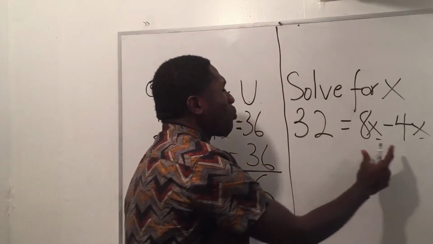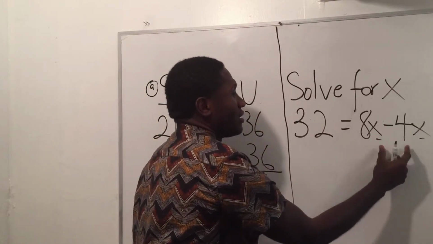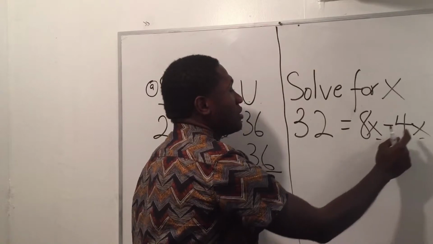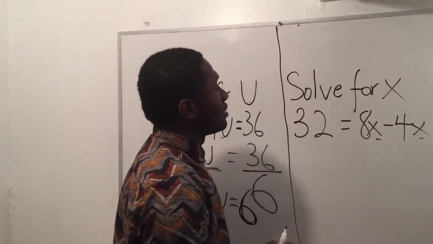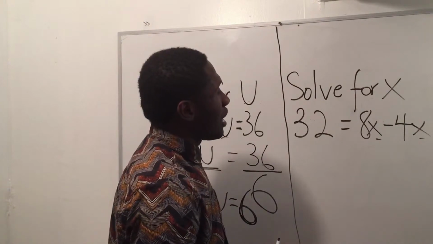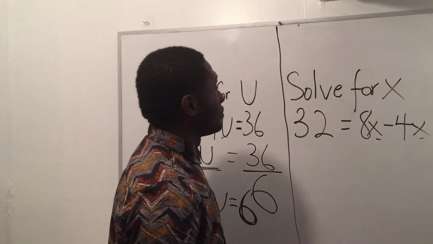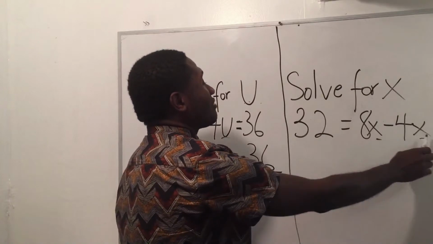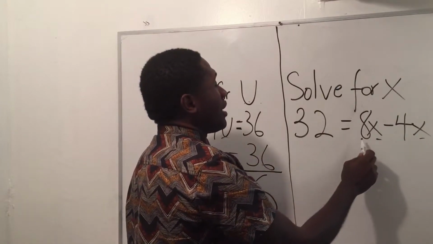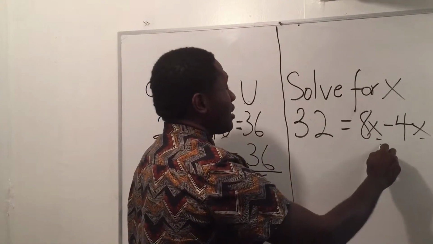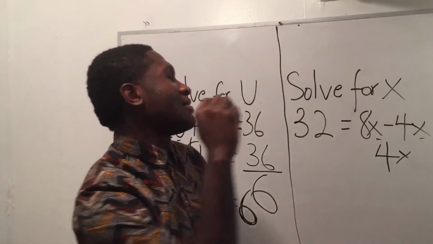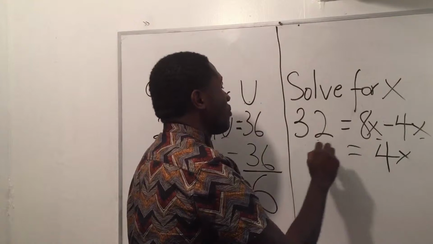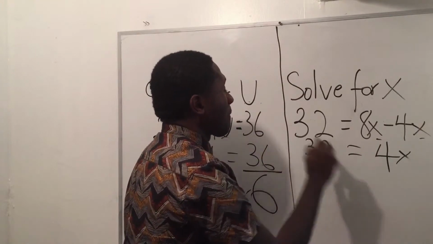And because those variables happen to be on one side, I know I have to combine them. So I have 8x minus 4x. And 8x minus 4x, I know is 4x. Bring down everything else, equals, and I bring down my 32.